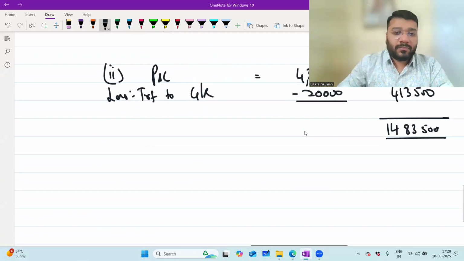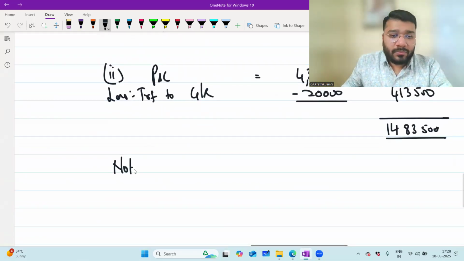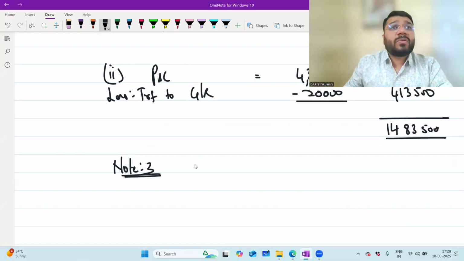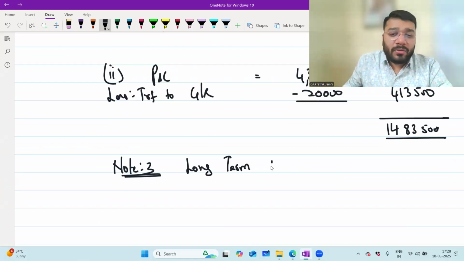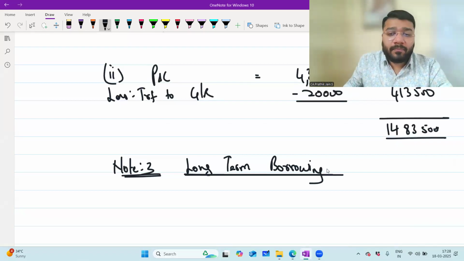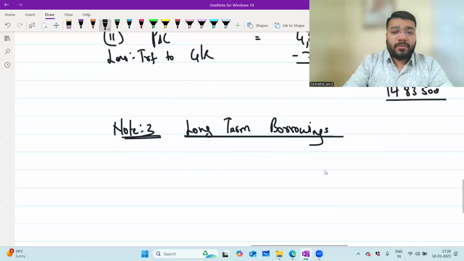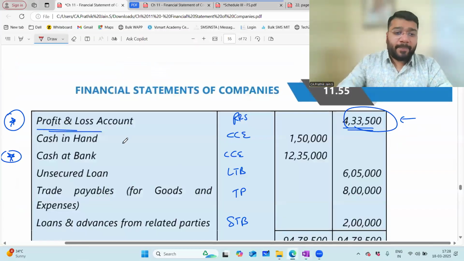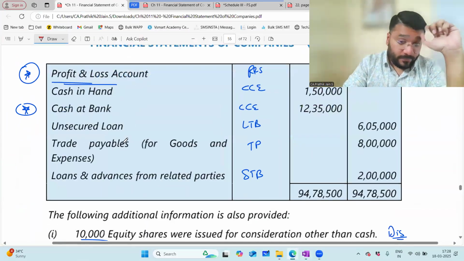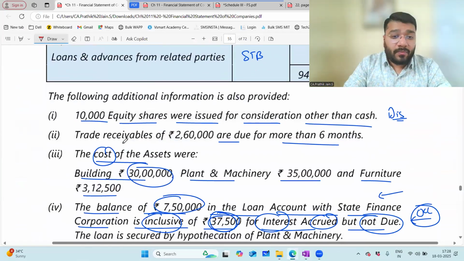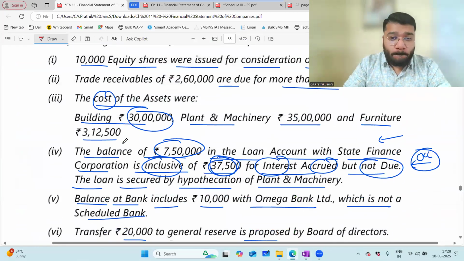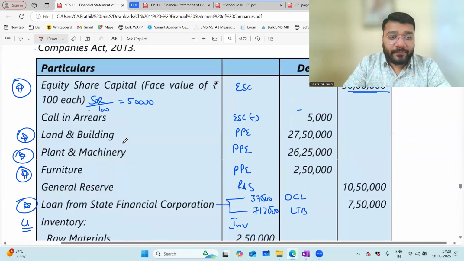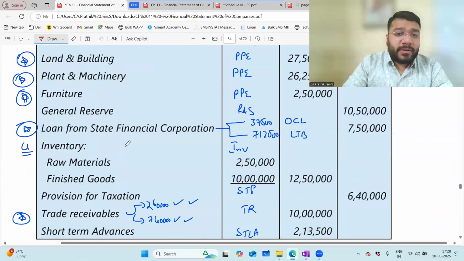Note 3. What is note 3? Very good. Long term borrowings. Now here, you're told it is secured, no?